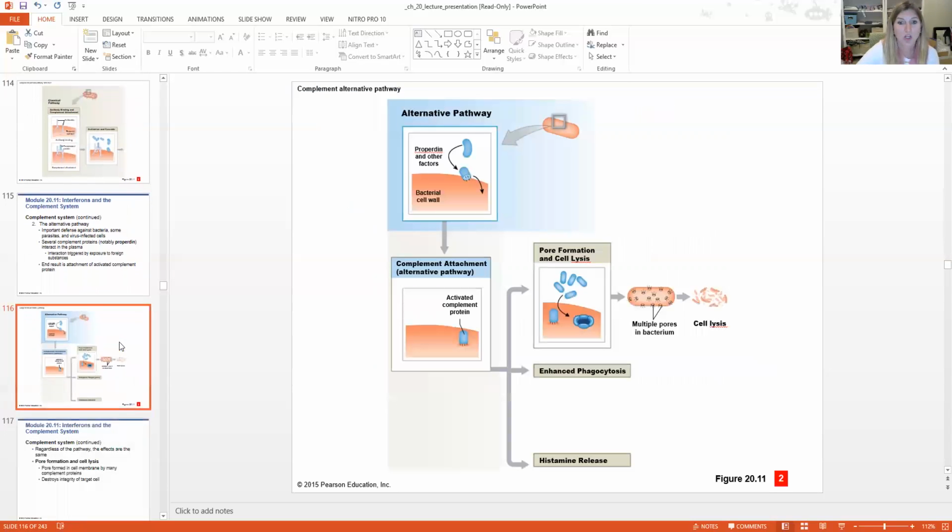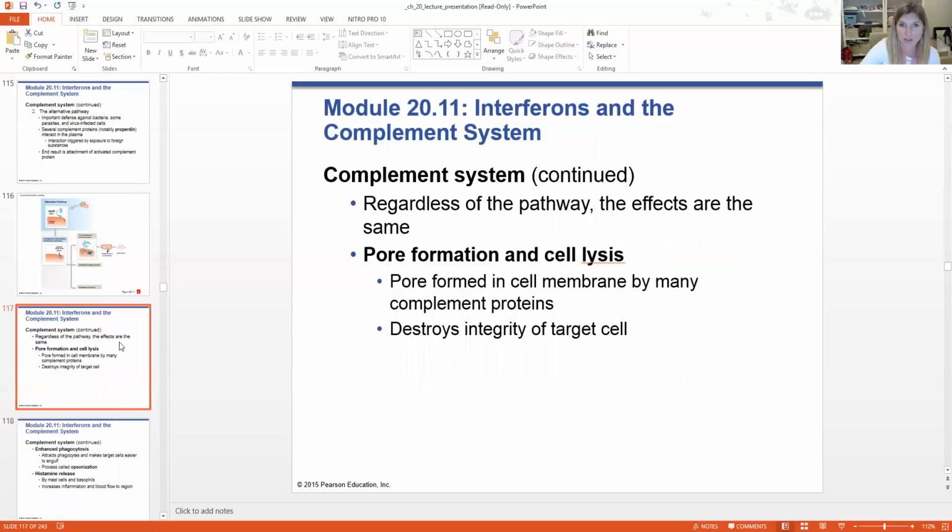So either way, you end up with this complement protein attached to the foreign body, right? Regardless of whether we're going classical or alternative, the attachment of that complement protein is going to cause pore formation and cellular lysis, basically destroying that cell.